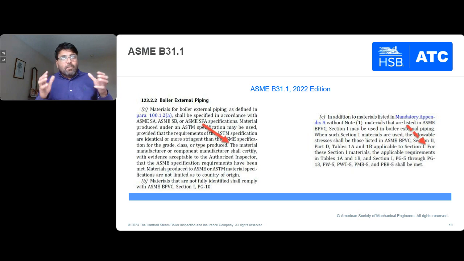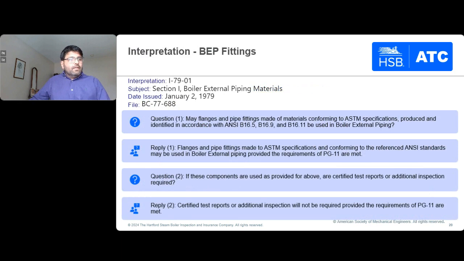And then when you have multiple things going on, it's not uncommon to have one quality control system to address both construction activities or somehow unify it. So as long as these materials are used with the allowable stresses from Section 2, Part D, Tables 1A and 1B, and meeting some of these Section 1 paragraphs like PG 5 through PG 13, those materials would be acceptable for B31.1 applications as well.